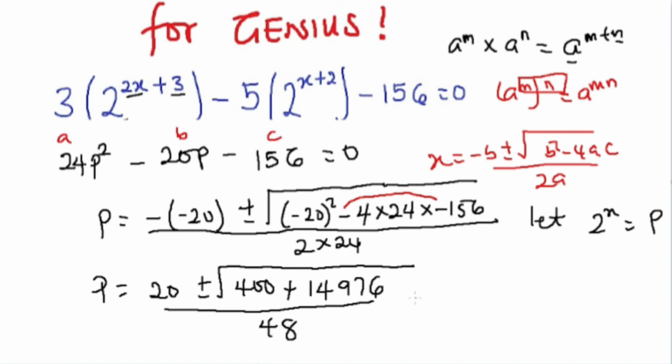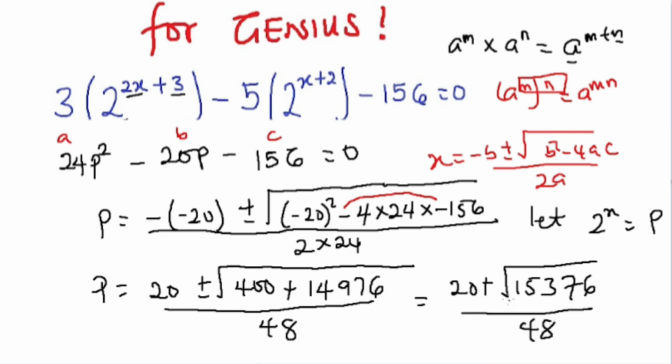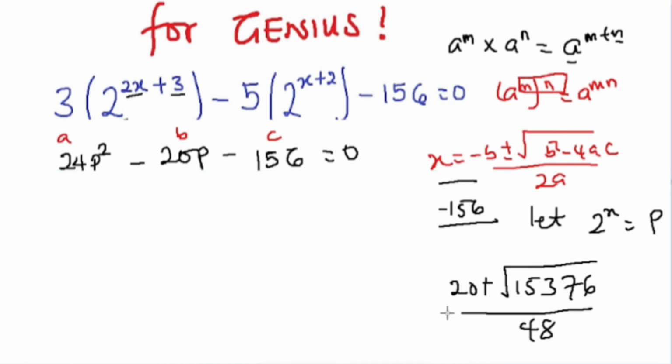And this should give us 20 plus or minus the square root of 15376 over 48.